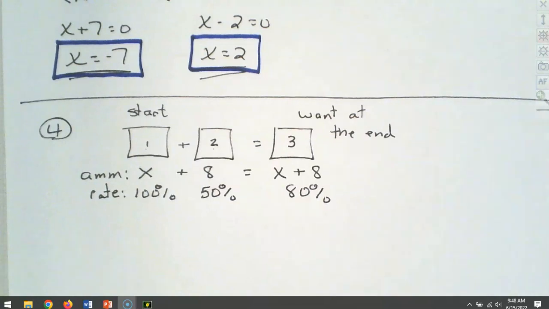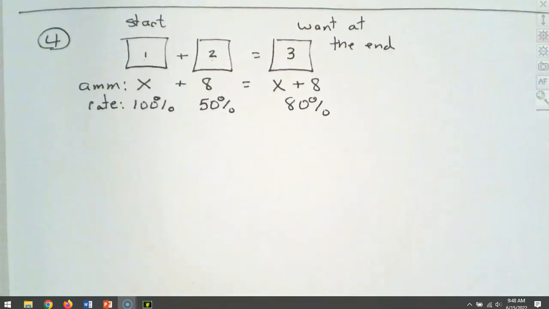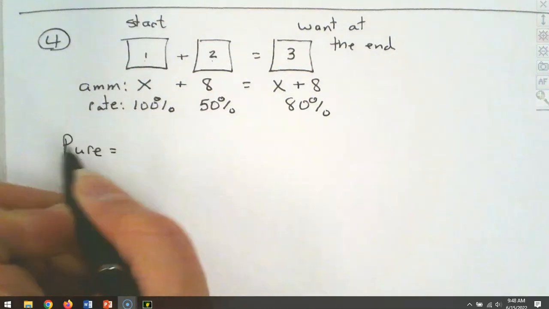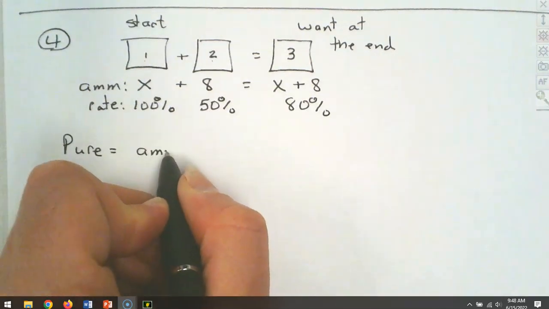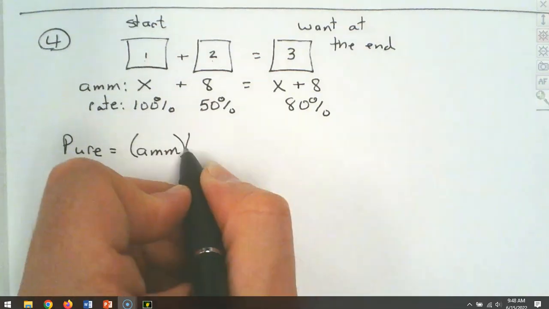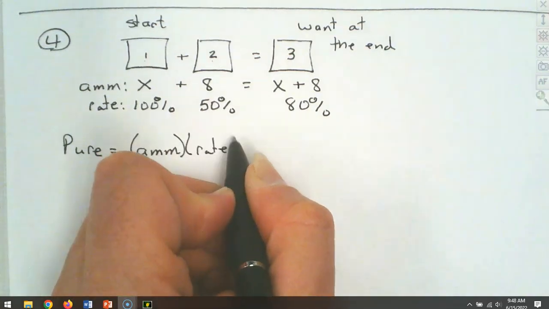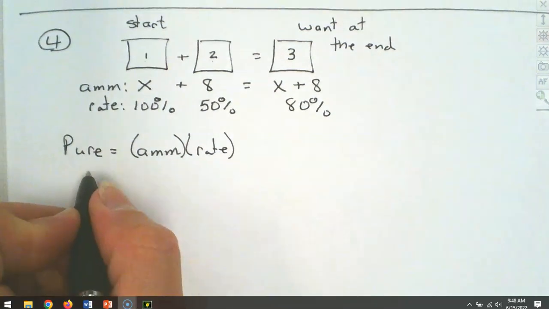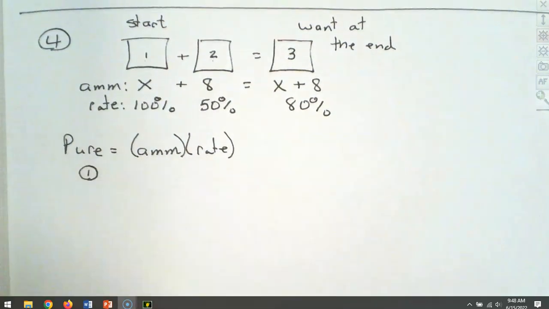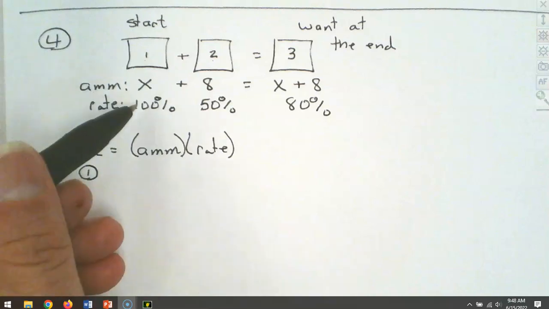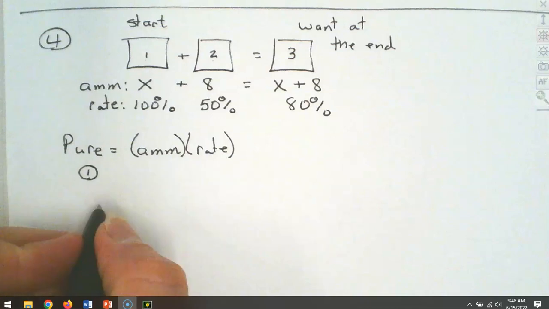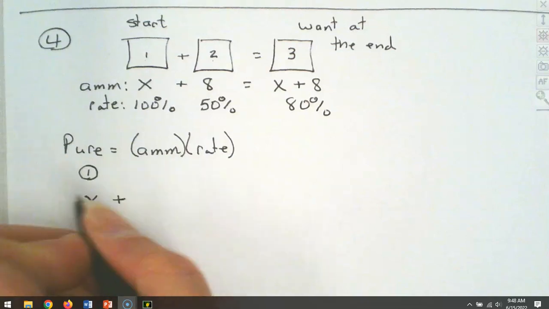Now we get our pure. So let's go ahead and get the pure. And your pure is always your amount times the rate. And make sure your rate is a decimal. So on the first one, 100%, that's 1. 1 times x makes it simply an x.